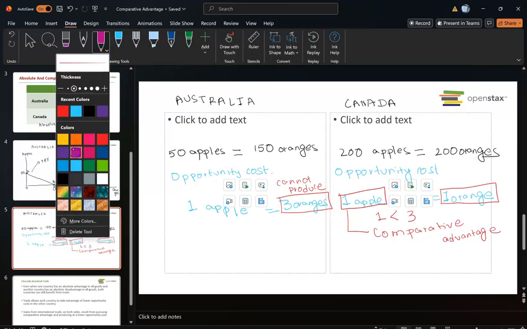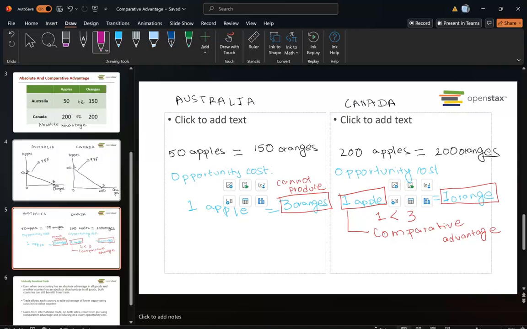Now look at the economy of Australia. If it is producing one orange, it's sacrificing one third of an apple. For the Canadian economy, if it produces one orange, it's got to sacrifice one apple.